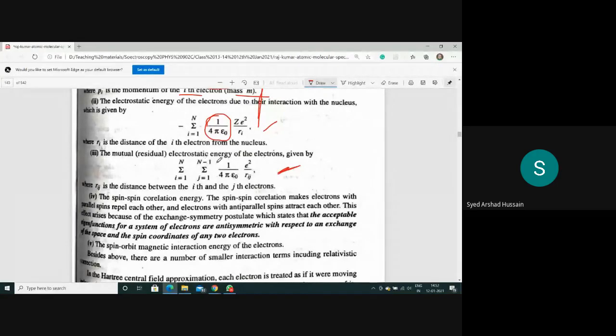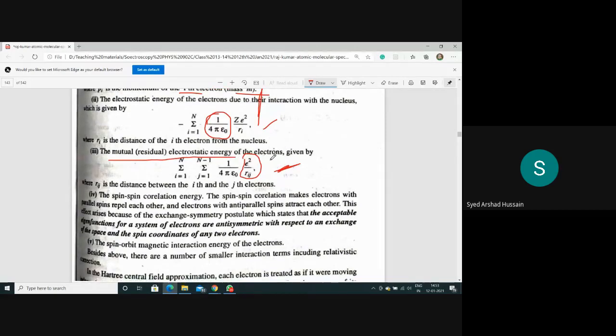Summing over j equals 1 to N minus 1, e square by rij, where rij is the distance between the ith electron and the jth electron, because you are here calculating the interaction between the ith electron and the jth. Then the ith, jth case is another one like this.